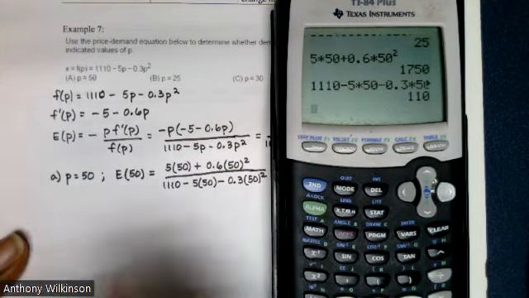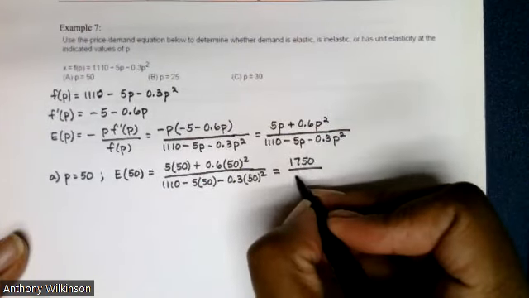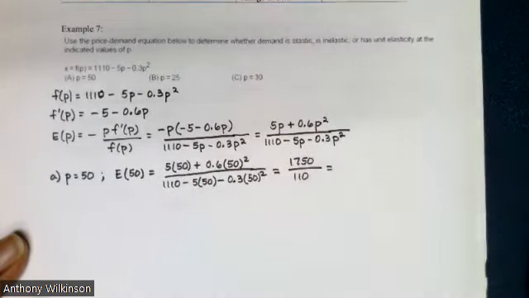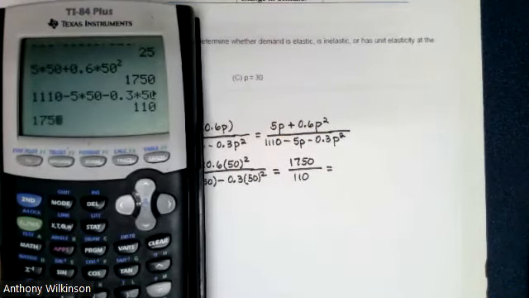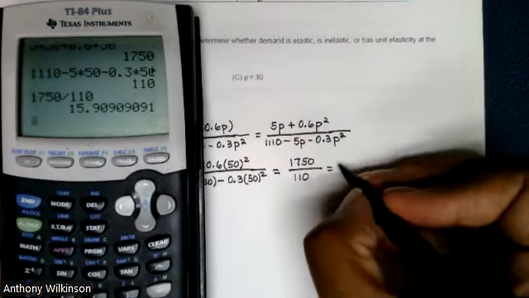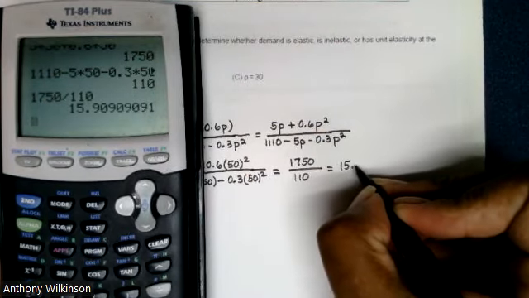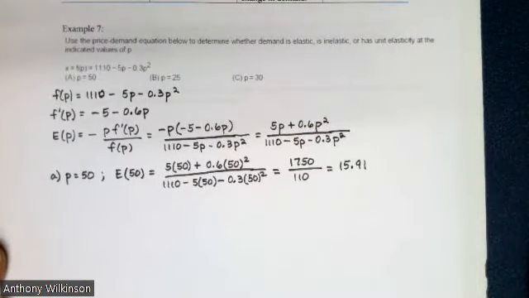The denominator will be 110. If I take that 1750, divide that by 110, and if I rounded that off to 2 decimal places, that would be approximately 15.91. So my elasticity at 50 would be 15.91.